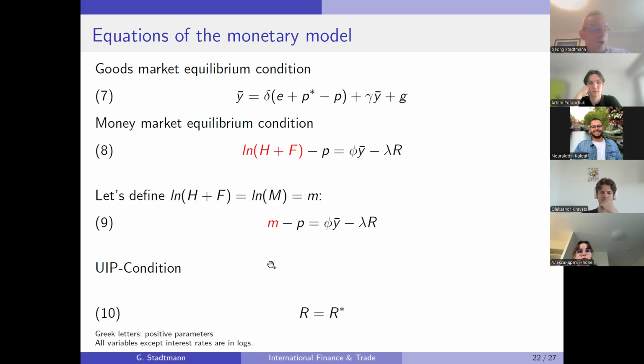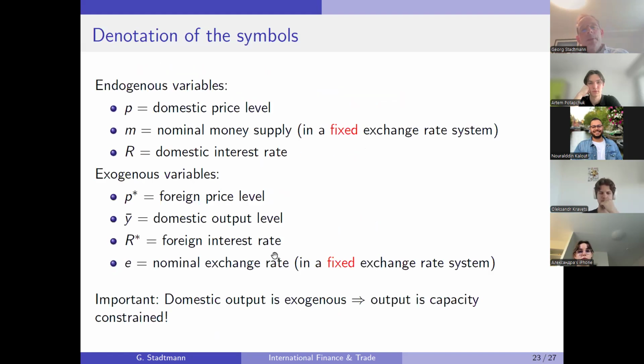Then the UIP condition as usual. So now our endogenous variables are P and R, as we said before. And now nominal money supply is an endogenous variable in a fixed exchange rate system, because when the central bank is forced to intervene, then money supply will change, as we have seen in the graph.